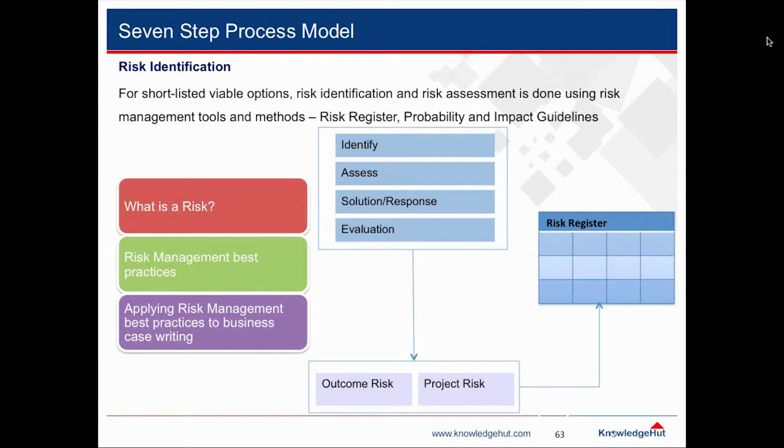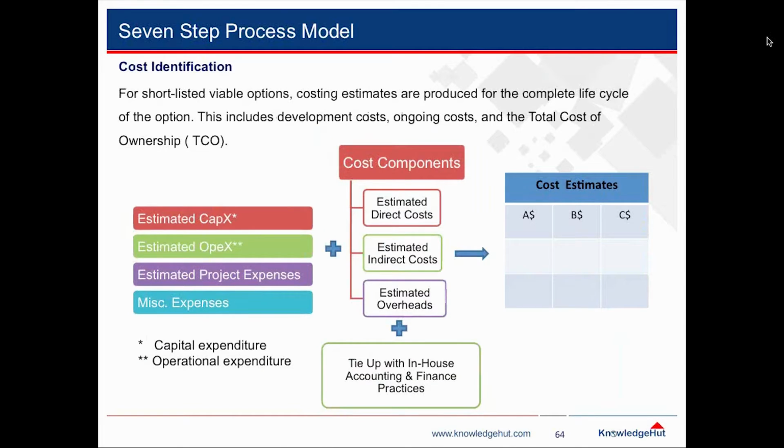It's just a template, and you see how that can then be translated with becoming more specific about the total cost of ownership, looking at estimated CapEx and OpEx figures, and what goes beyond these two, so capital expenditure and operational expenditure, and additional project expenses and miscellaneous items that come on top of that.